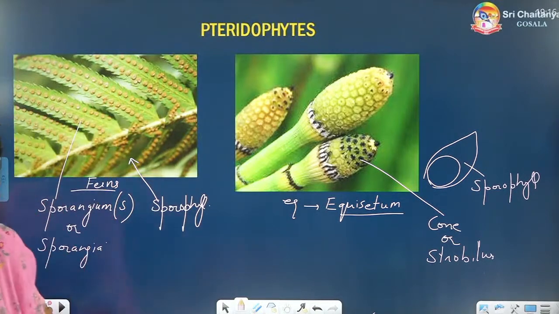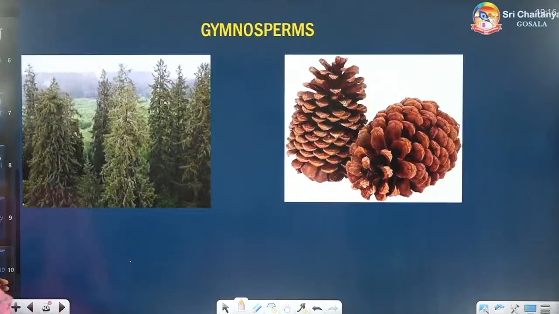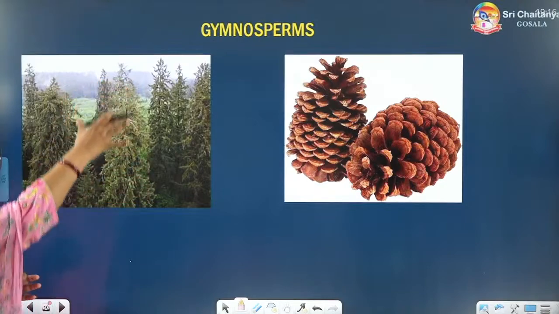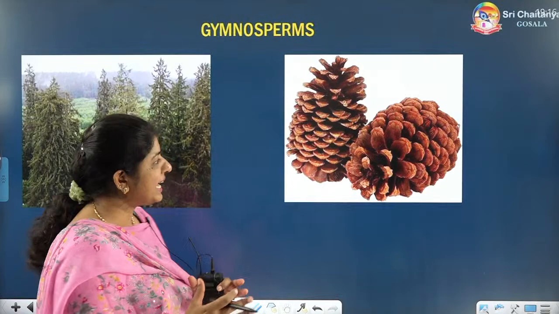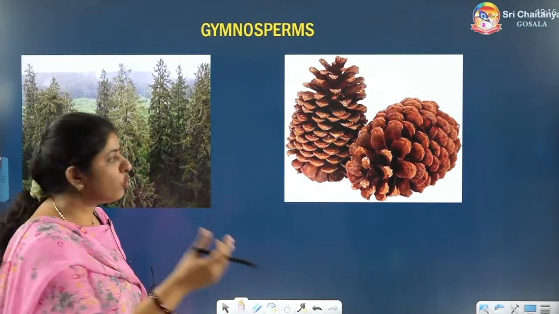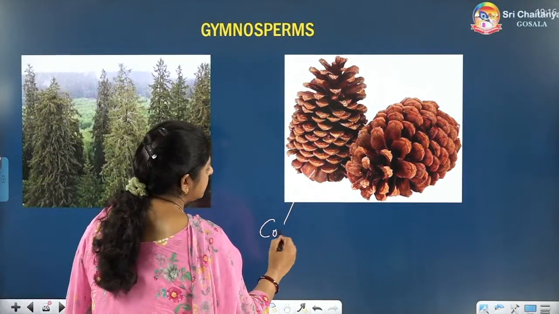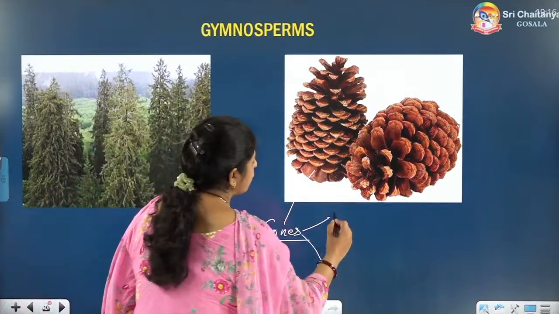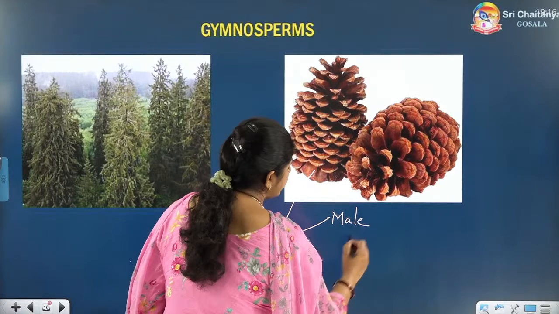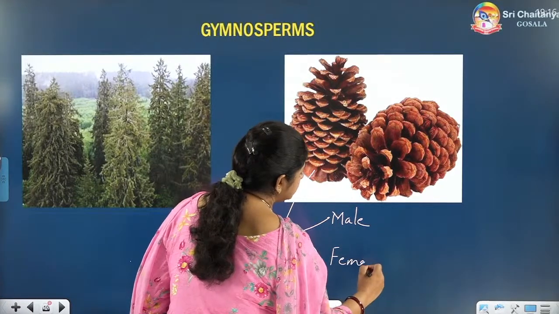Now coming to the Gymnosperms. Gymnosperms are tall plants, usually found in the alpine region, and they have cones. These can be male cones or female cones.